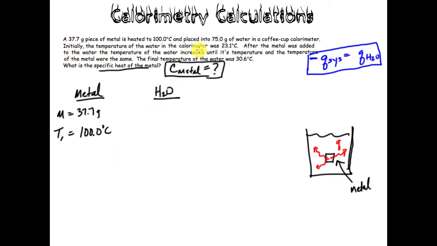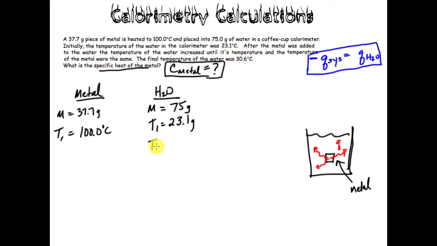So the initial temperature of the water is equal to 23.1 degrees Celsius. Now my initial mass, which I stepped over, is 75 grams of water. Okay, after the metal is added, the temperature of the water will increase until its temperature and the temperature of the metal are the same.